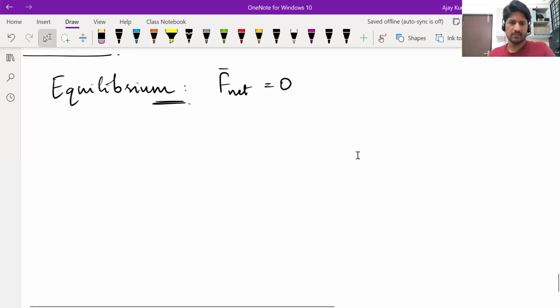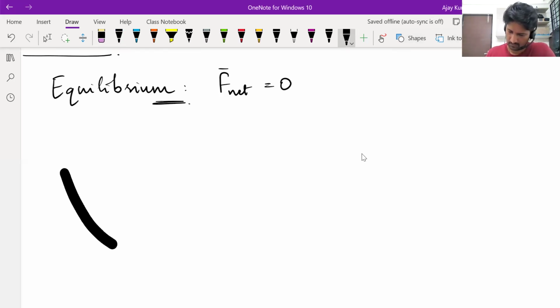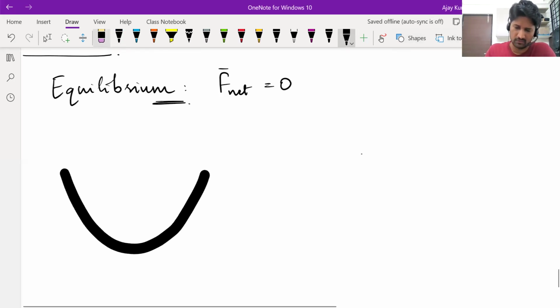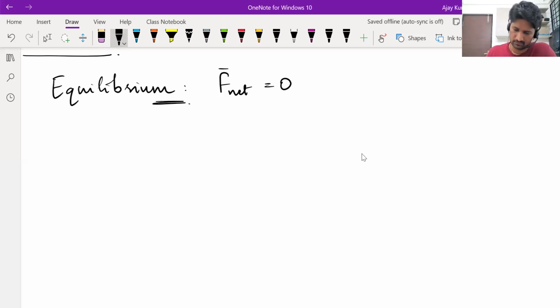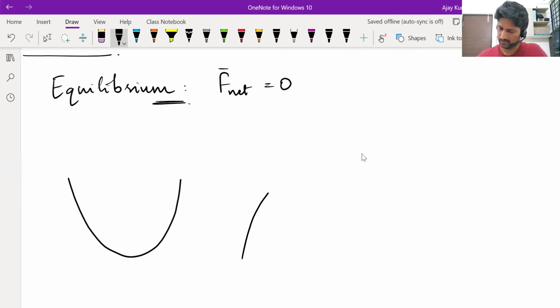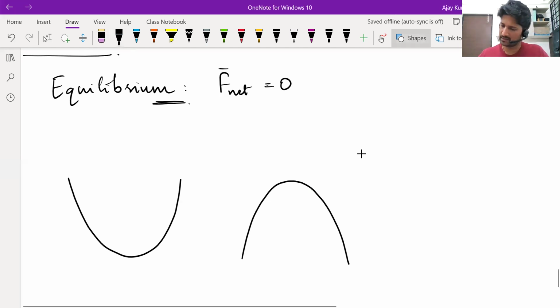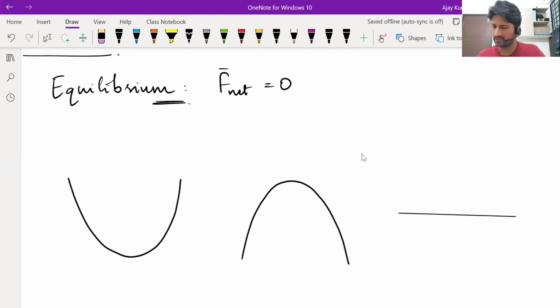Now consider three different situations like this. Suppose there is a bowl. And let's say there's an inverted bowl, just a surface shaped like this. And in the third case, let's say there is a horizontal surface.